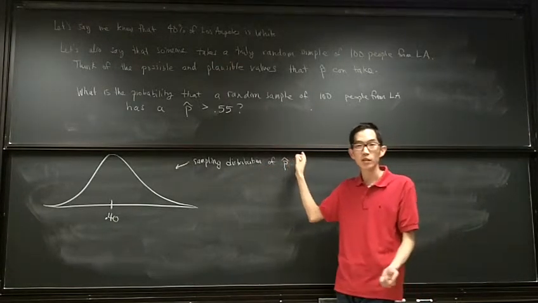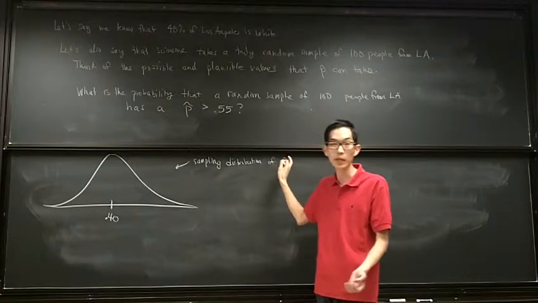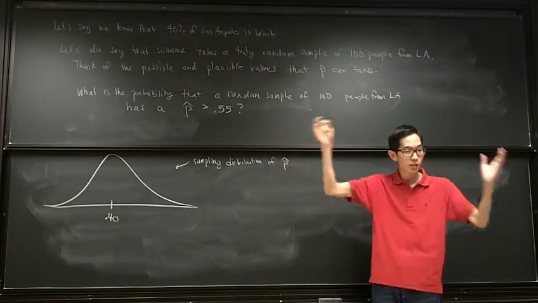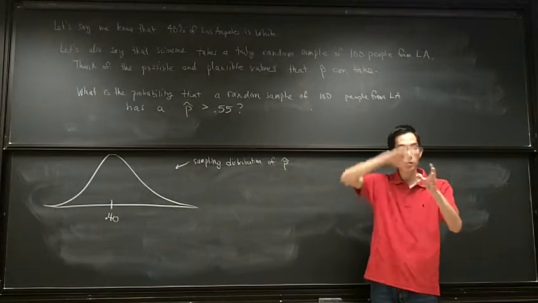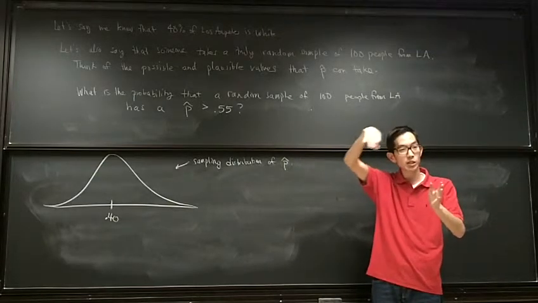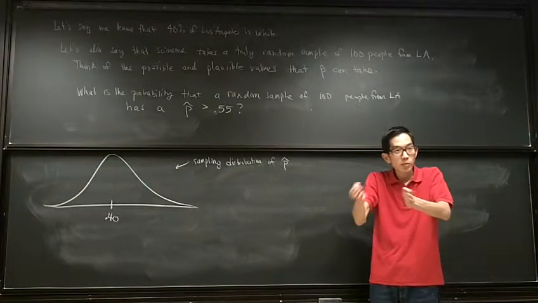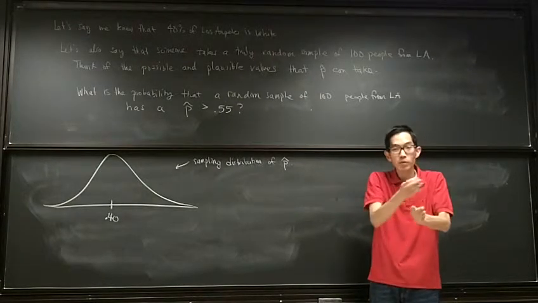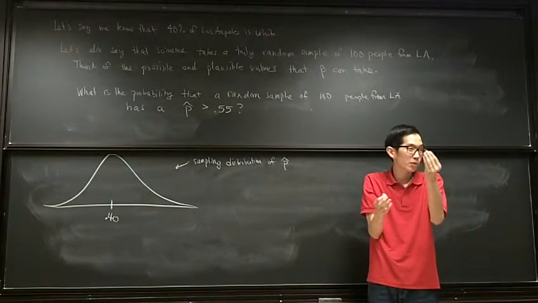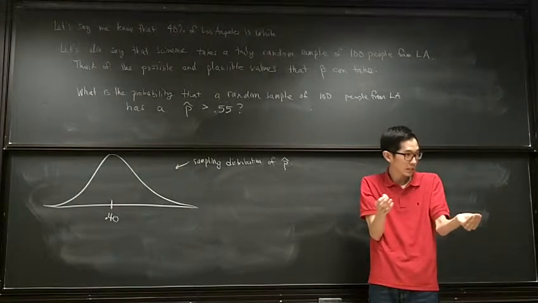Remember, this is the different possible values of p hat that I might get. When I take 100 random people and I count how many people are white and figure out the proportion that's white, maybe there's 43 people that are white and my p hat would be 0.43. Does that make sense?